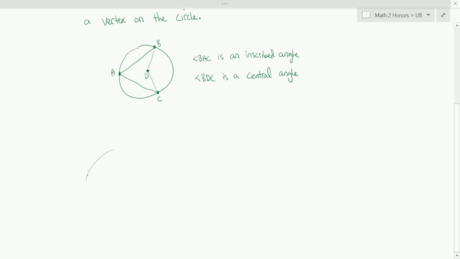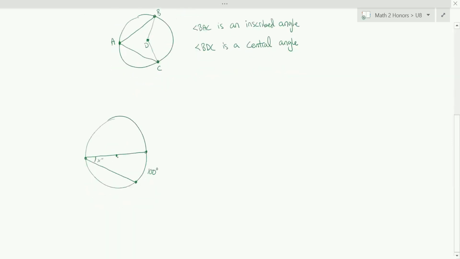So let's start with a quick example here. Let's say we have a diameter as one of our chords, and draw another chord here. And let's make this a 100-degree arc here. Okay, and we'd like to know what this angle is here, so we'll call it X. We had a homework problem kind of like this, I think it was number 3.